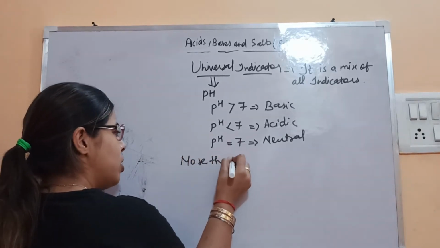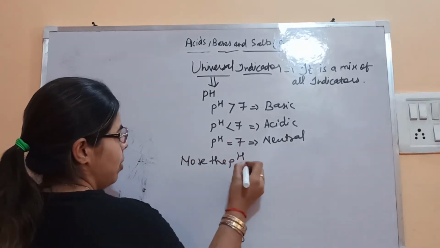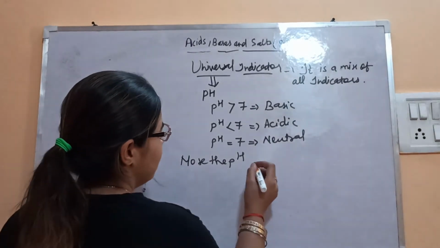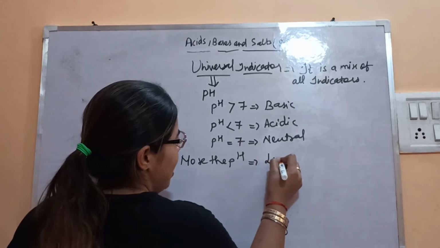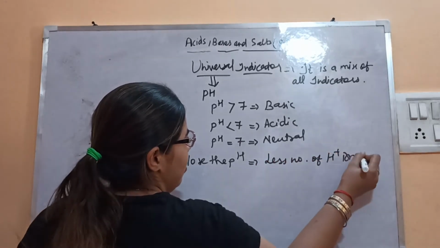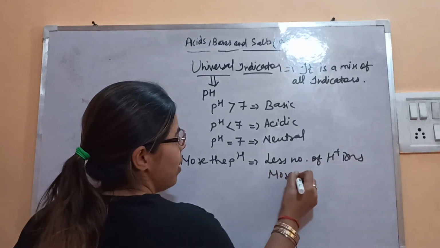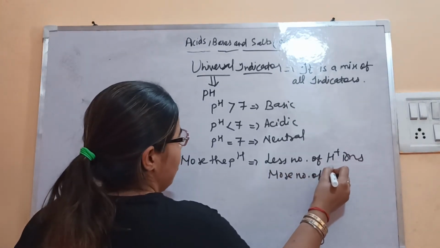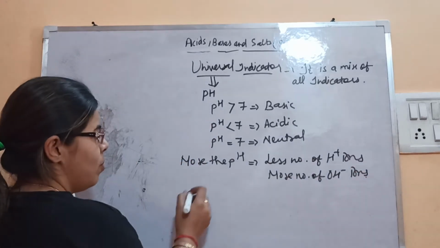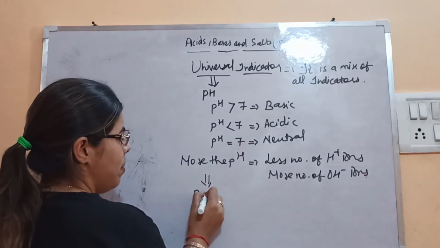More the pH means less number of H plus ions. It means more number of OH minus ions. Okay, so more the pH, the substance will be basic in nature.